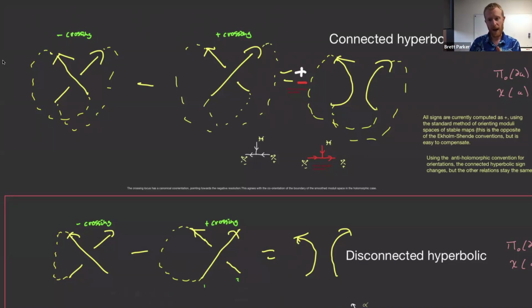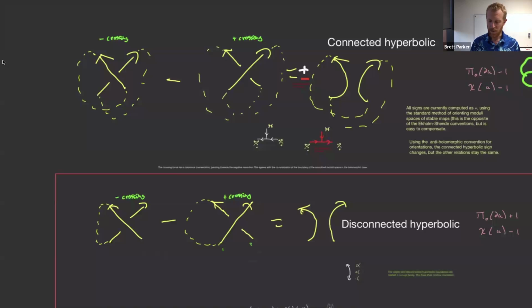And then you take this disk with a boundary and you deform the d-bar to a particular model problem depending on the spin structure on your Lagrangian. Okay, and in this kind of argument, there's two different models that you get depending whether you have a connected hyperbolic crossing like this or a disconnected hyperbolic crossing like this. So a priori, the signs might be different in these.